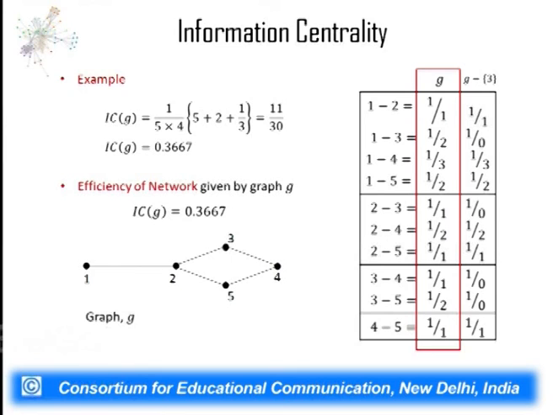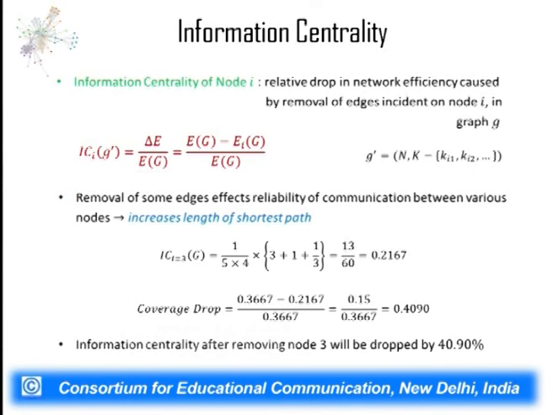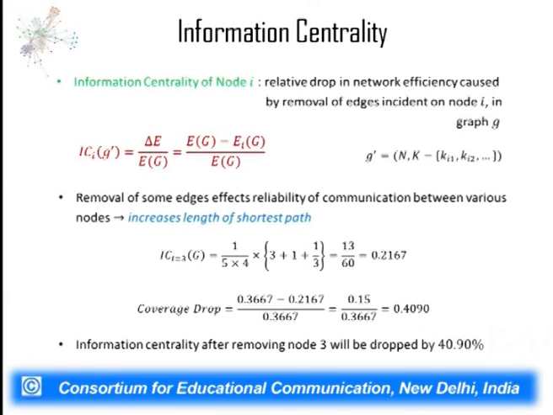You can see that there is another column over here, where we have calculated the information centrality with I equal to 3, and we found 0.216. Definitely there is a drop, and if we want to calculate the relative percentage drop in the network, we can see that removing node 3, which was of course a very important node in this network, caused a drop in the information centrality by 40.90%. So this is a good interpretation.